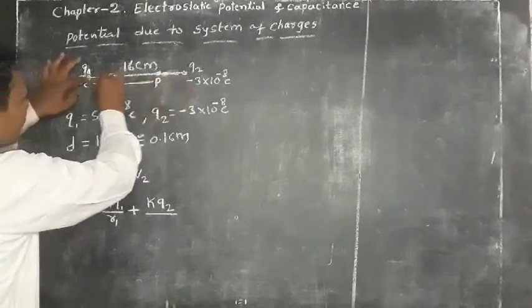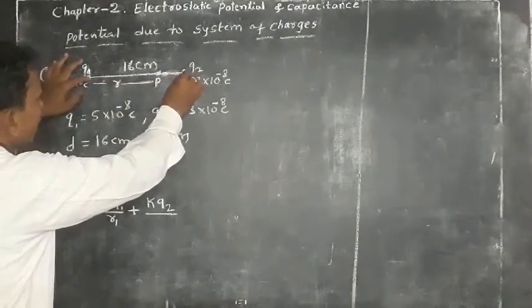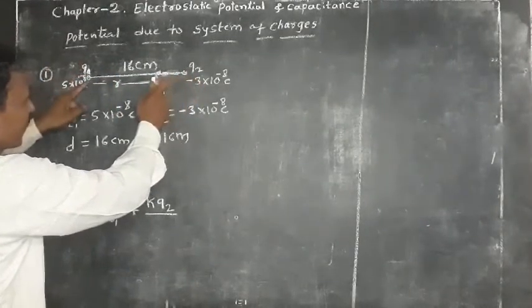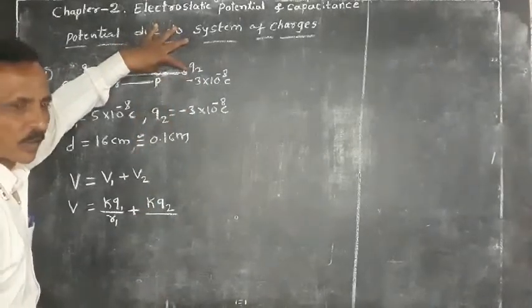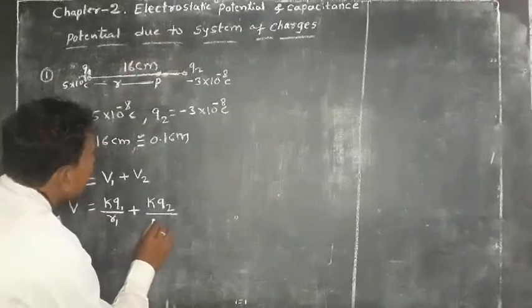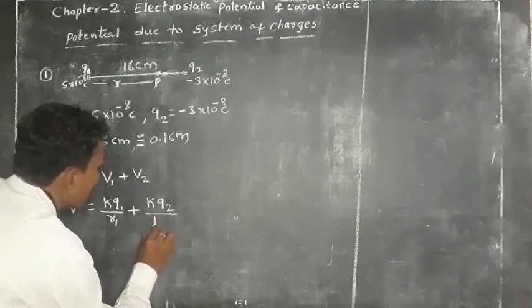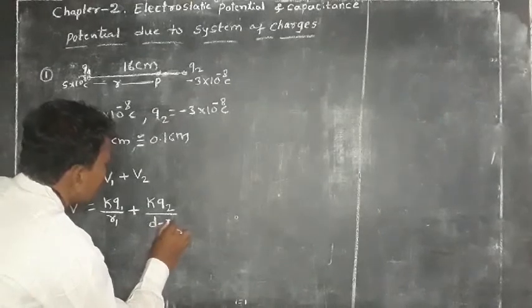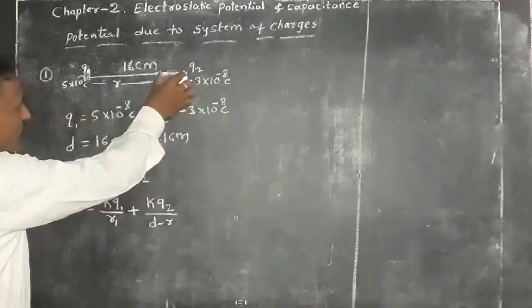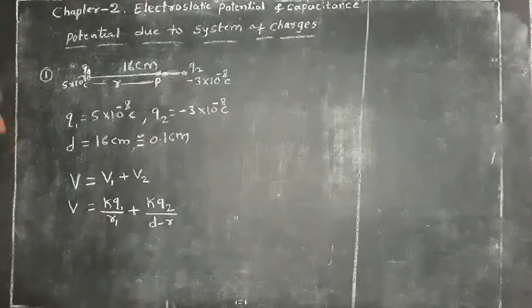This total distance is d. d minus r is equal to the distance between P and Q2.